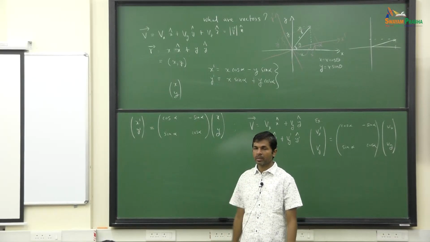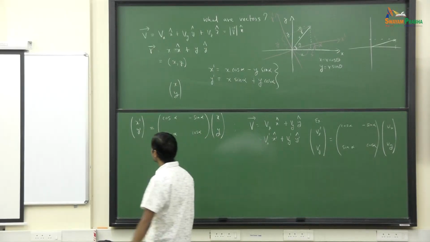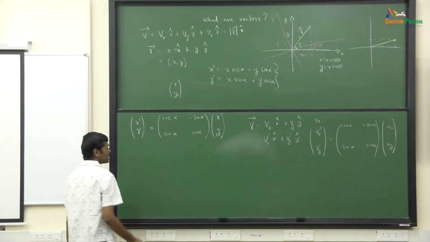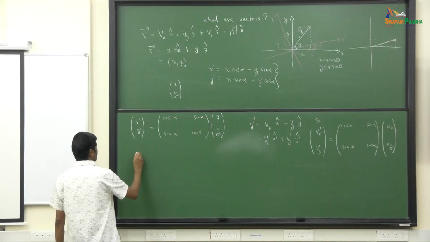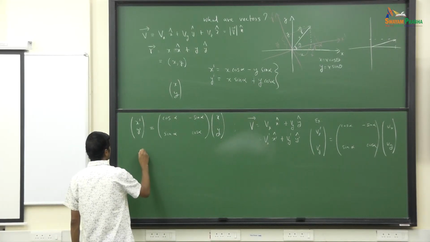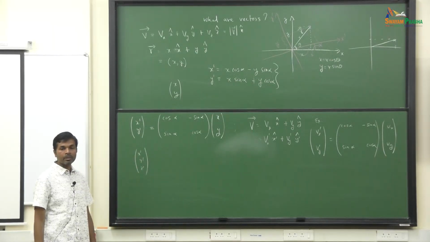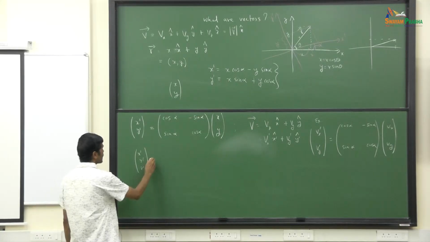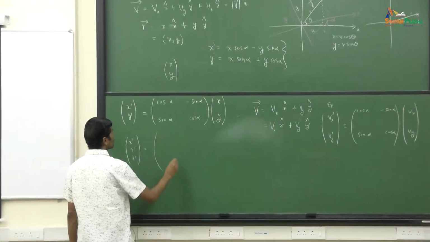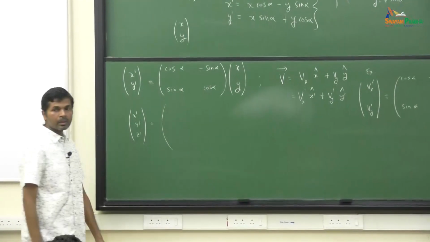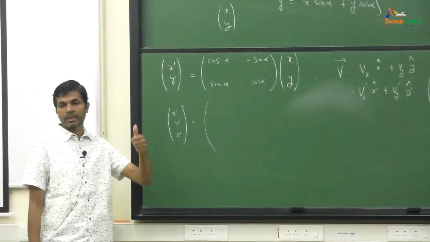These 3 rotations you can write in a straightforward manner, with x prime, y prime, z prime. Suppose I rotate the yz plane by an angle gamma. So what will it be if I rotate about the x-axis?